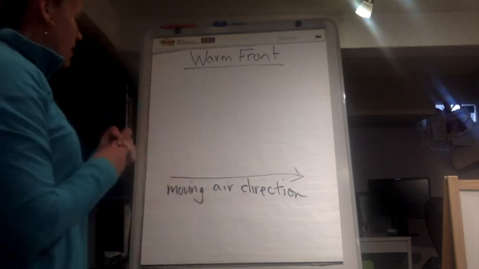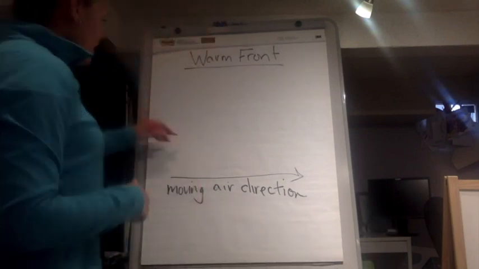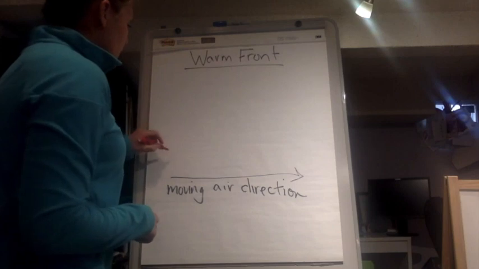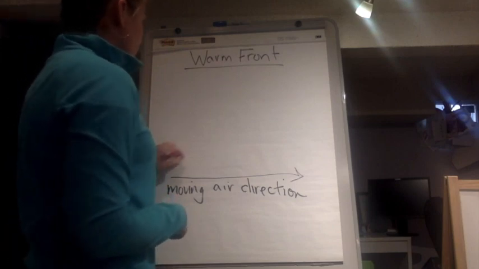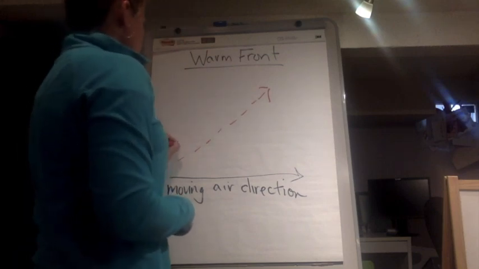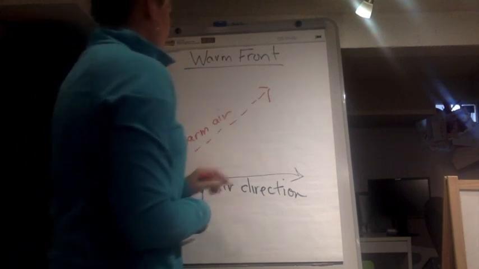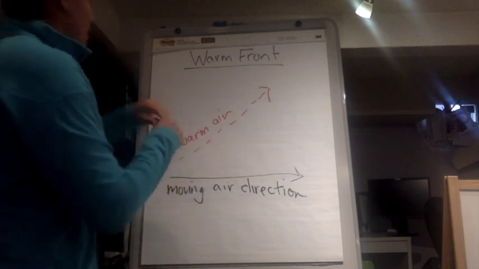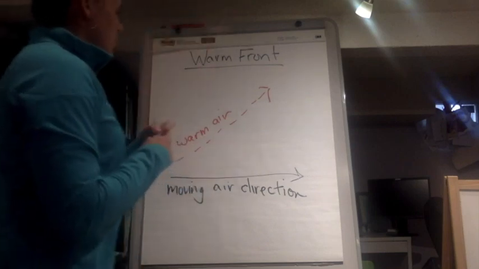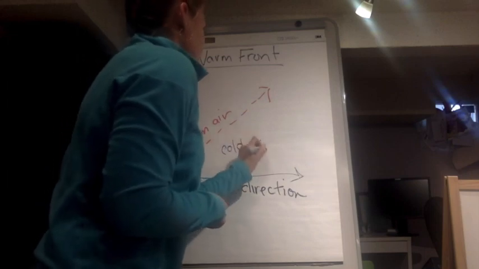So I've got my warm, moist air that is moving in, and it's slowly rising above the cooler air mass. So I'm going to put a little dotted lines here. So this is the warm air that's coming in. And then over here is our cold air mass, right?